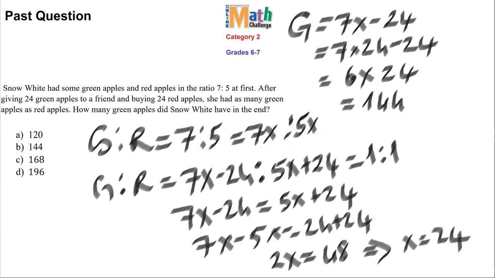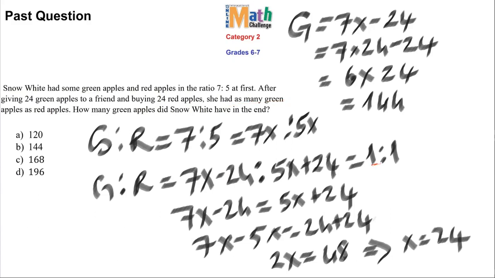Now, after 24 green apples are given and 24 red apples are got, it means the green ones decrease by 24 and the red ones increase by 24, and then they have the same amount. Where is it written? It says as many as green, so it means the same amount.